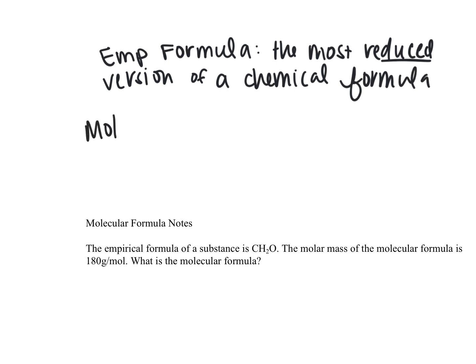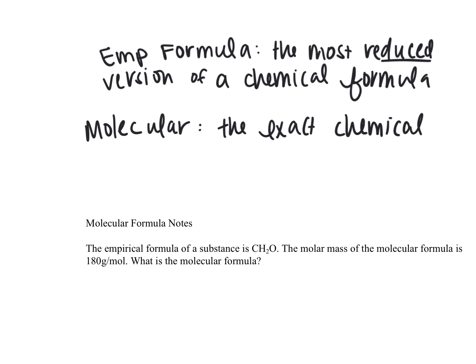And a molecular formula is just the exact chemical formula. Okay, so that means that it could be reduced or it could be non-reduced. So the molecular formula could be a formula in which that is non-reduced.